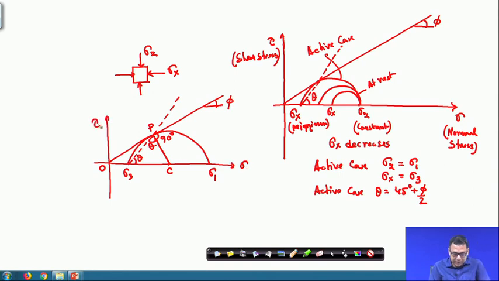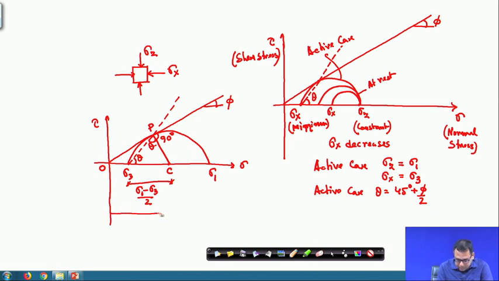Now, if I take this triangle, before that, for this Mohr circle, the radius can be determined as sigma 1 minus sigma 3 divided by 2. This is the radius r of the circle.